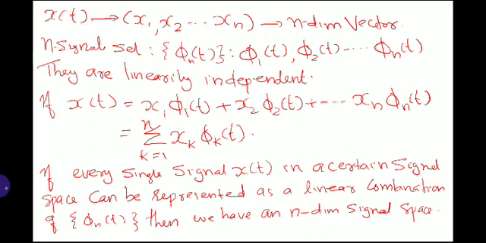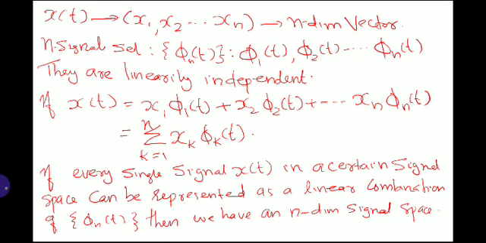Now we have seen the coefficients and we have seen the basis vectors or basis functions. Then I can write x of t as equal to x1 phi 1 of t plus x2 phi 2 of t, etc. xn phi n of t, that is equal to sigma k equal to 1 to n xk phi k of t.